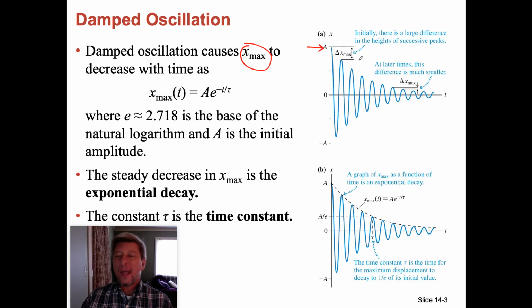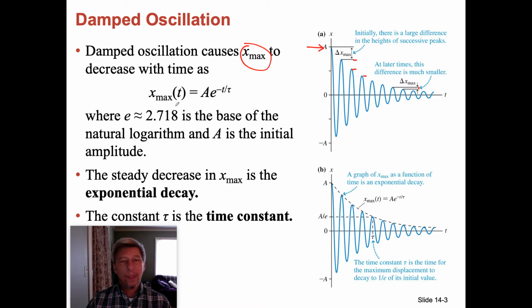All right, and if you look at the difference here, from here to here, and from here to here, and so on, you'll notice that way down here, there's a very tiny delta X max, a very small change in that oscillation.